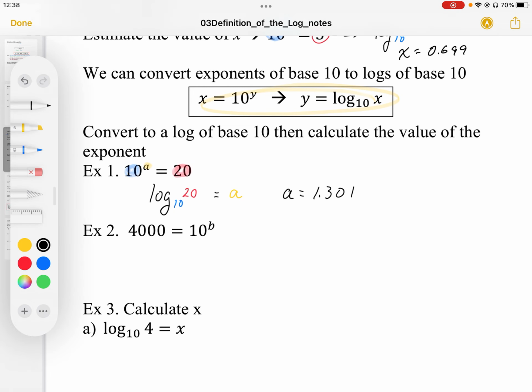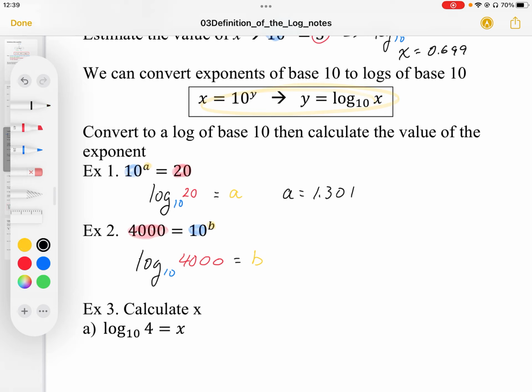So again, same thing here. We're going to convert this to log. We need our base to be the base of the exponent here, and we have our argument. And we know that when we put this in, the base of the log must match. We know the argument is inside the log, and the answer to this is going to be the exponent. So plugging this into my calculator, I get log of 4,000 is equal to 3.602.